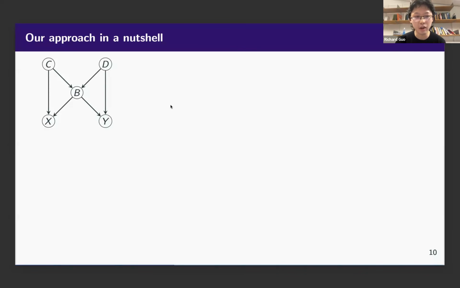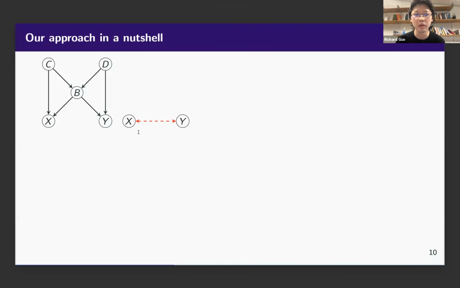Okay, in terms of our procedure, I will first draw X and Y with a bidirected dashed edge between them. I will explain what this symbol means later, but for now, just think of it as meaning potential confounding.